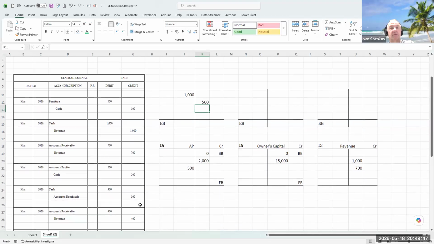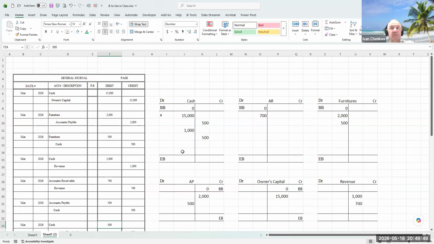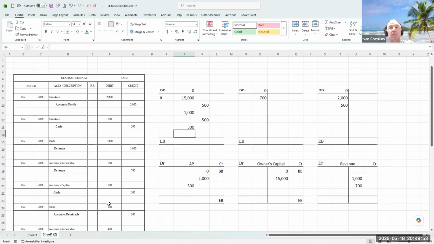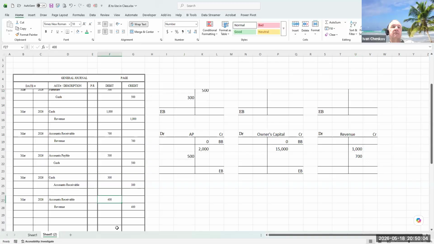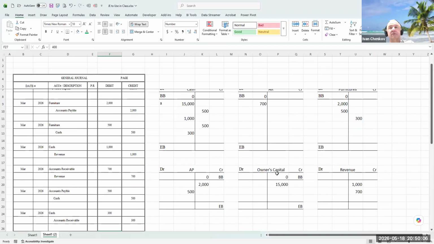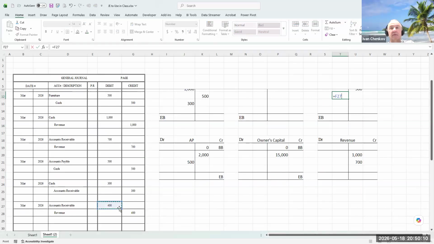Next thing what happened is cash went up with 300. Why? Because this client decided to pay. Accounts receivables going down 300. And the last thing is accounts receivables went up again with 400. Why?